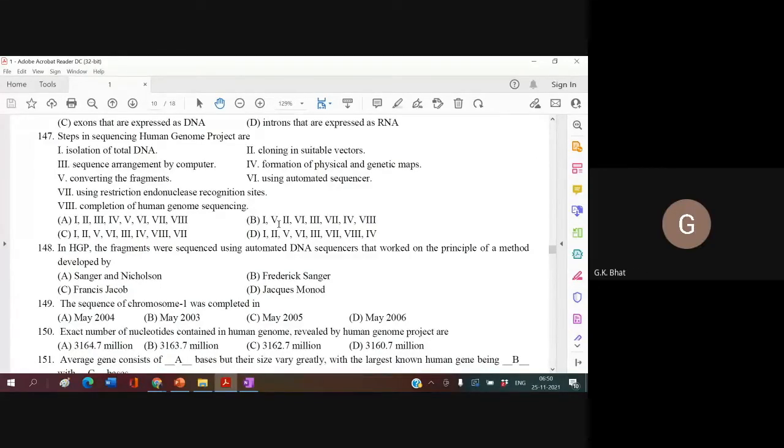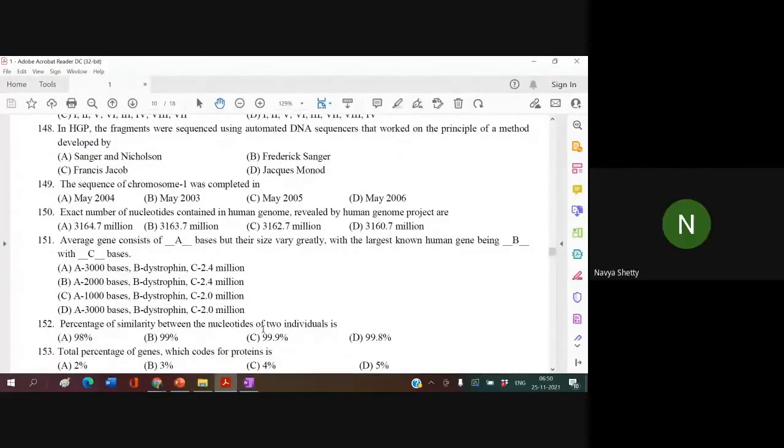B. 149. D. May 2006. 150. C. Is A it? A. Very important. 151. Option A.